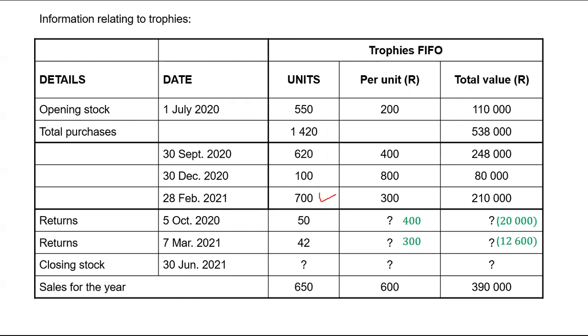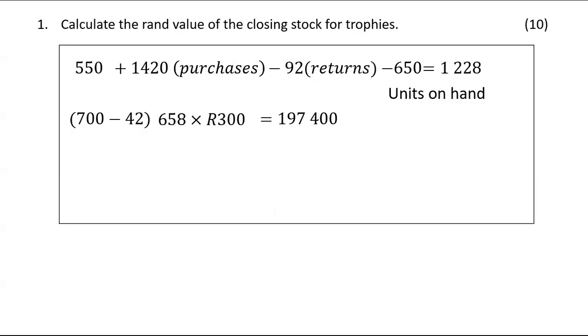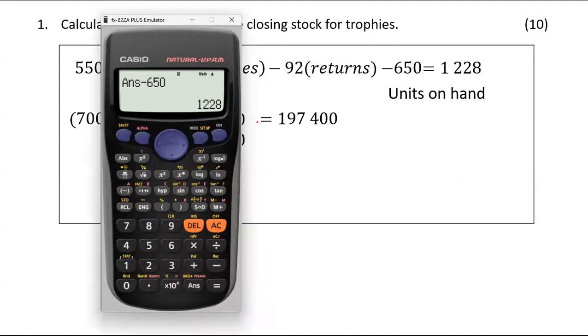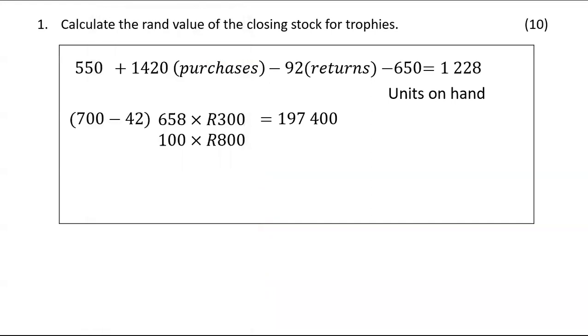But when we add 658 with 100, remember, it needs to make 1,228. So 658 plus 100 gives you 758. Still not enough. So this doesn't make up the entire closing stock.